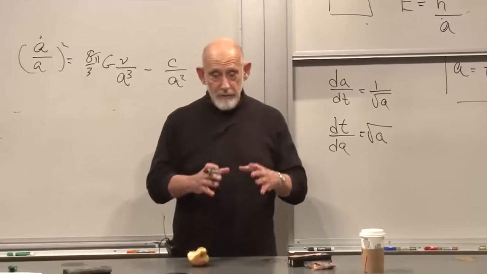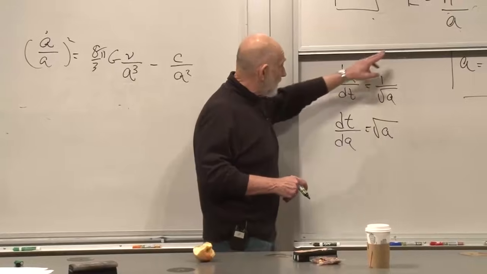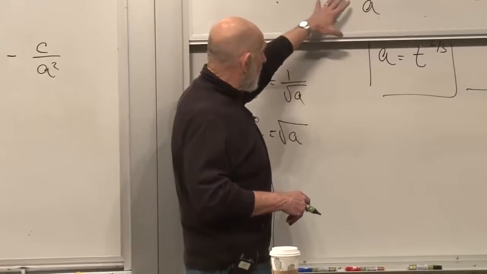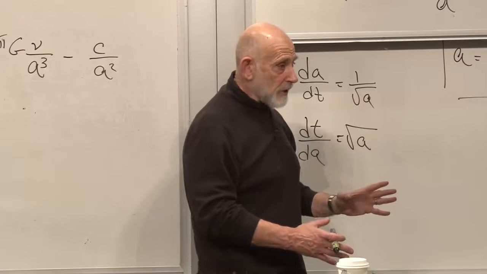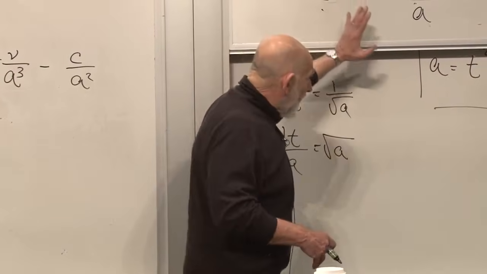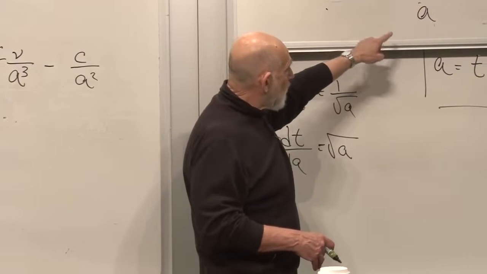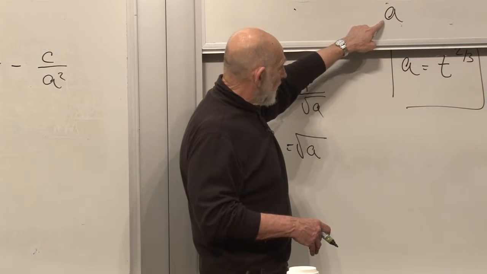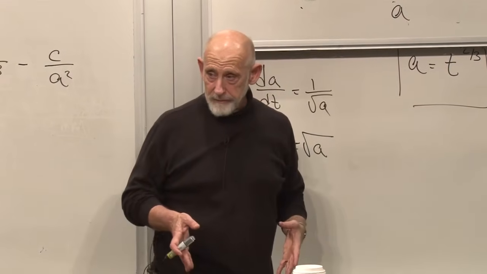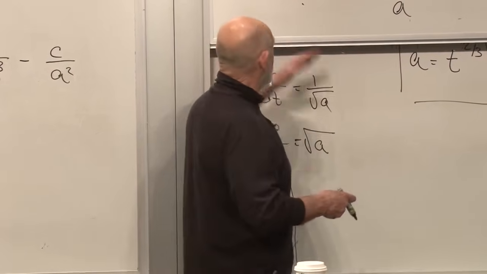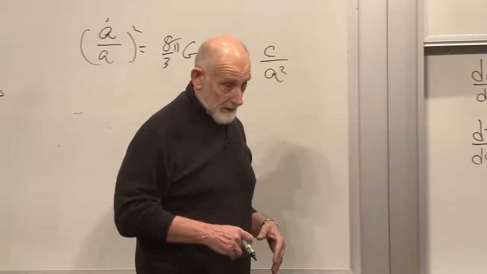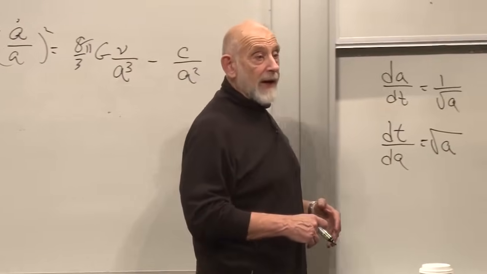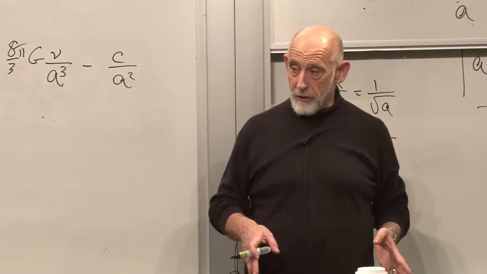Total energy in the box decreases like 1 over the scale factor. Every photon, its energy decreases when it gets stretched. So the energy density goes like 1 over A to the 4th instead of 1 over A cubed.